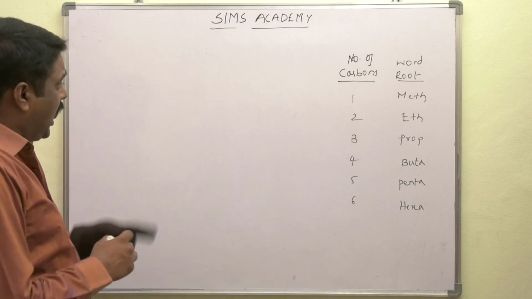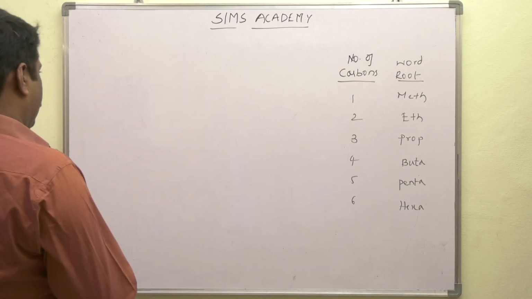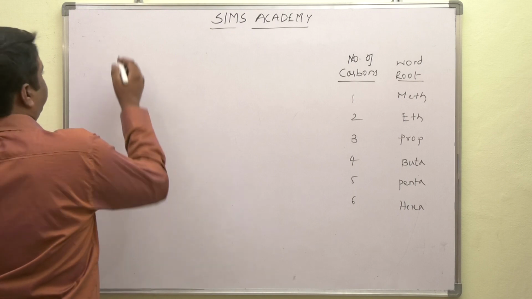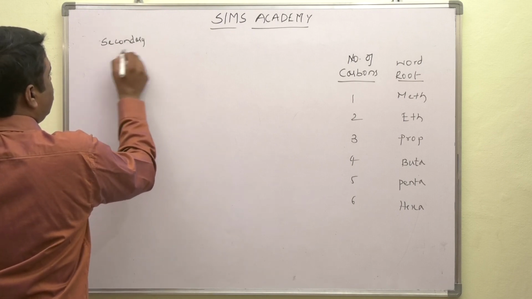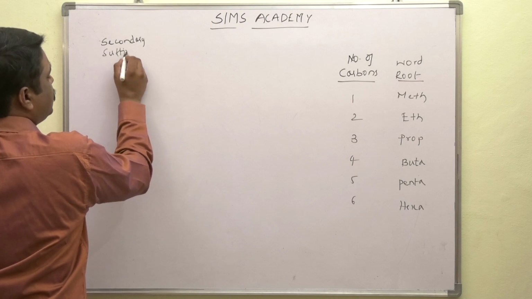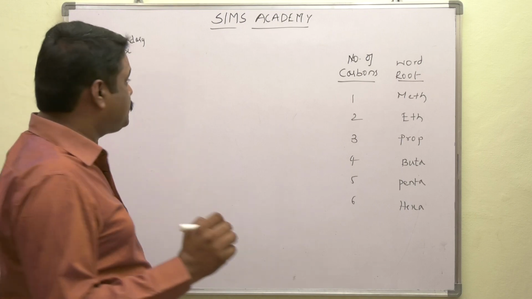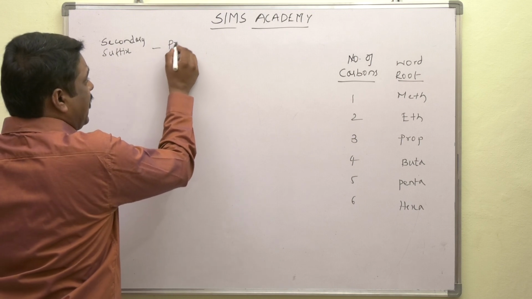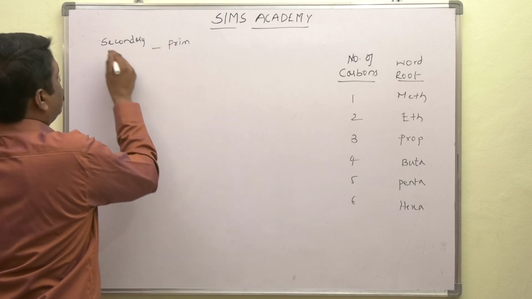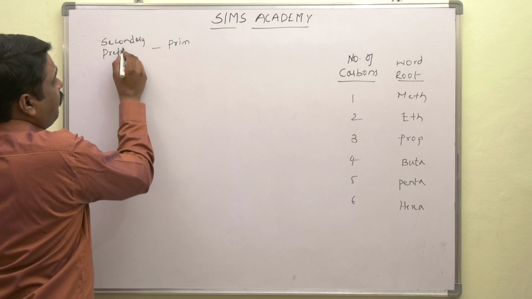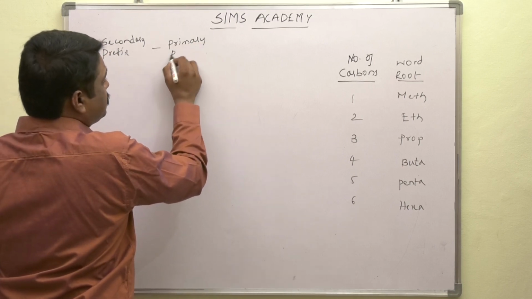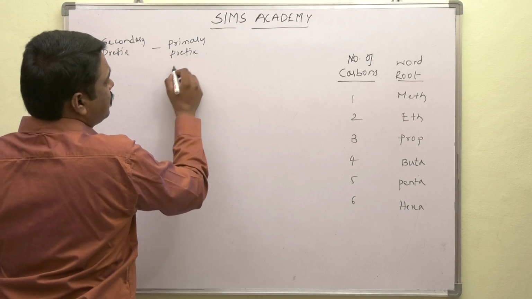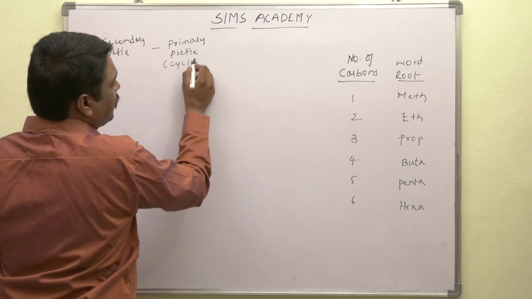Similarly, how to name an organic compound? Let us write over here. Initially we will have the secondary suffix, which always deals with the functional groups. Next, the secondary prefix, which deals with the substituents, and the primary prefix, which deals with the cyclic compounds.